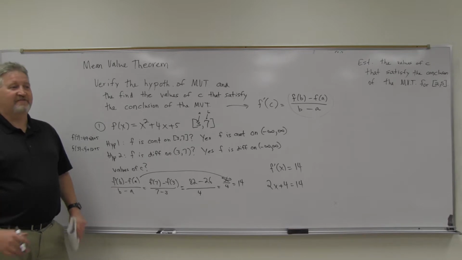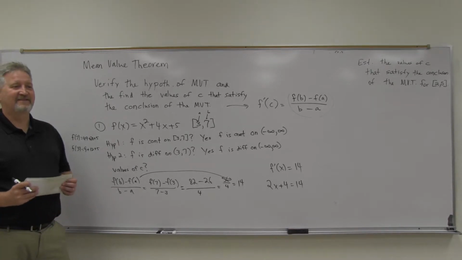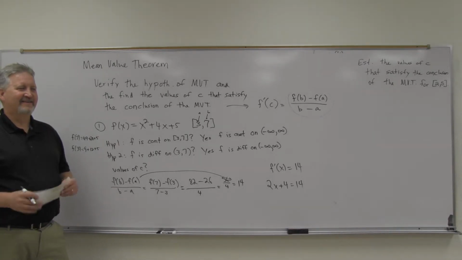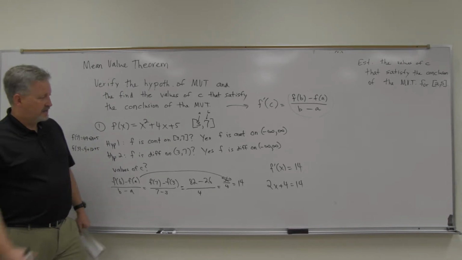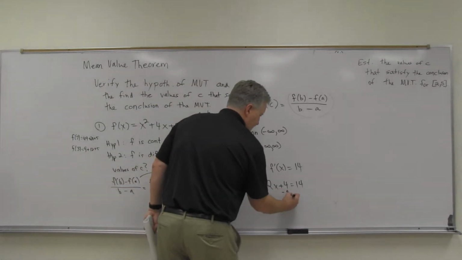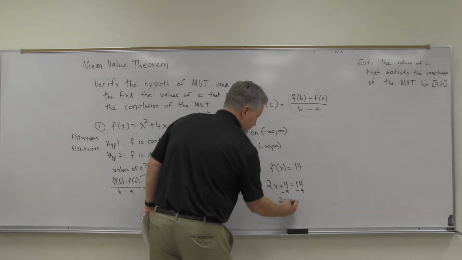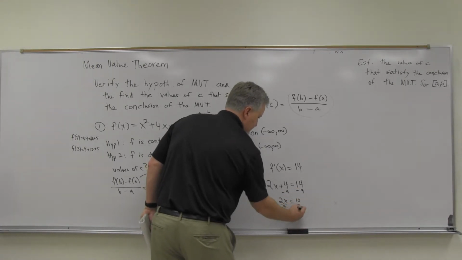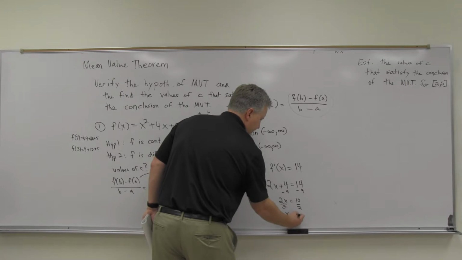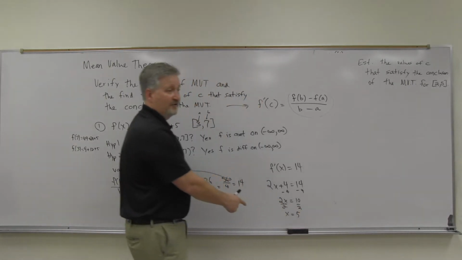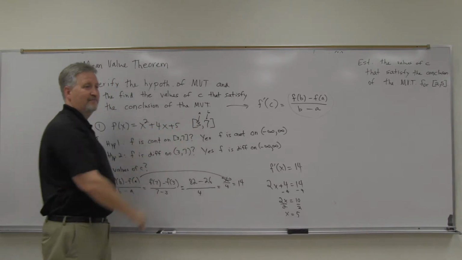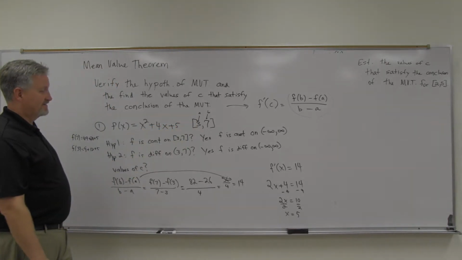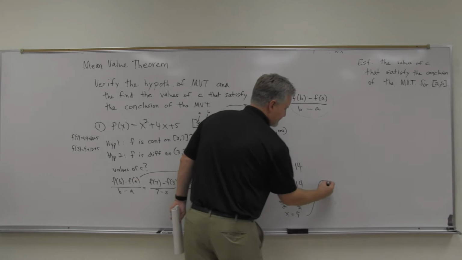We're used to setting the derivative equal to 0, but here we set the derivative equal to 14 to satisfy the conclusion. And see what we get. Minus 4, 2x equals 10, divided by 2, x is 5. Now, for that to be the C value, what does it have to be? It has to be in the range there, 3 to 7. It is, so that's our C value.